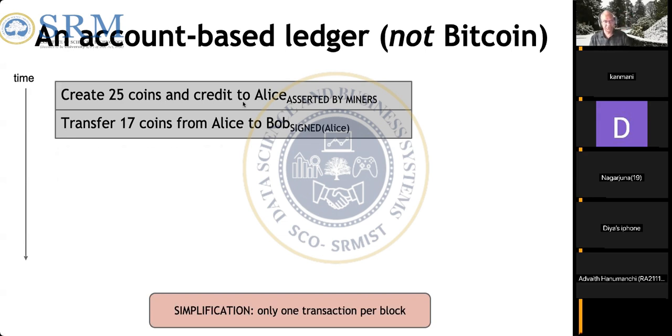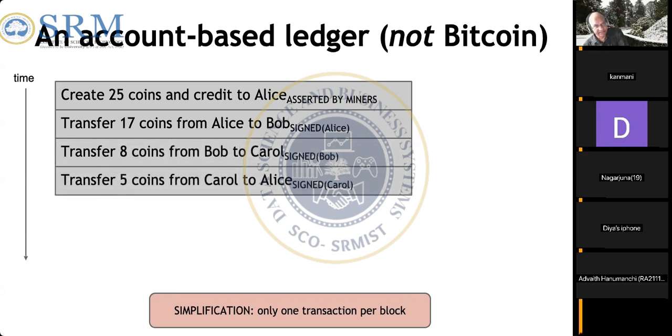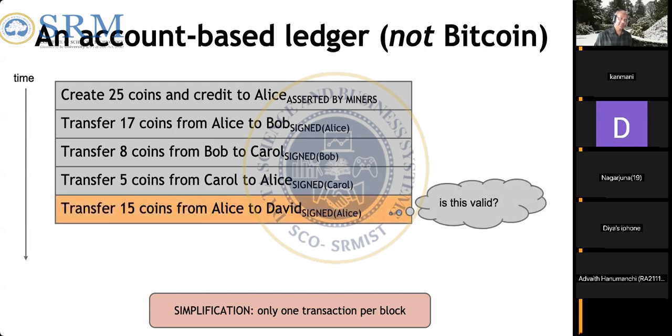Then Bob transferred 8 coins to Carol. Bob received coins from LS, so he can transfer to Carol, no issues. He had 17 coins and spent 8. And Carol transfers 5 coins to Alice. All these transactions are signed by the concerned parties, no issues at all.